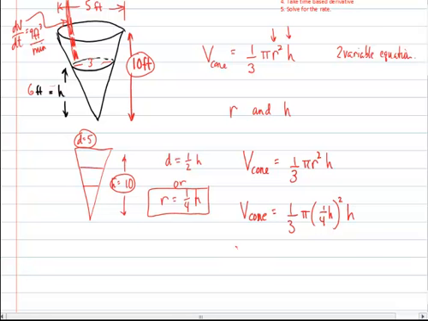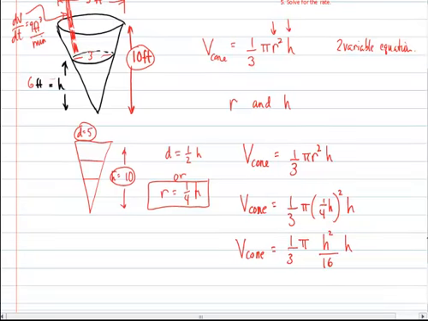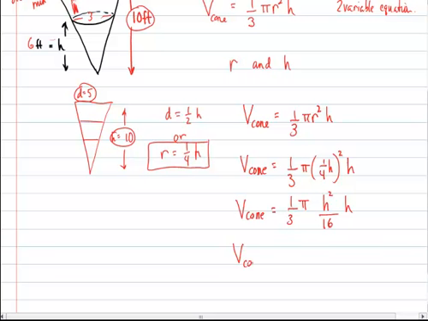Now I have a function that is solely a function of height. So I have 1/3 pi times h squared over 16 times h. My final equation for the cone for this problem is pi h cubed over 48.